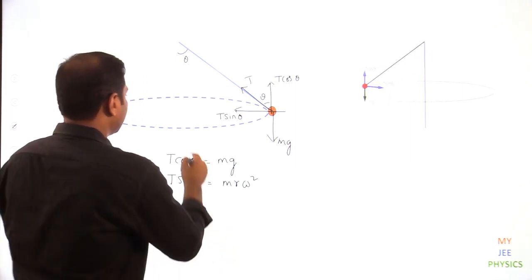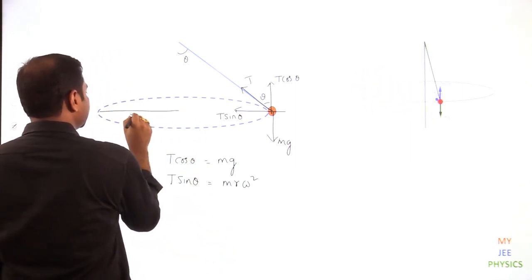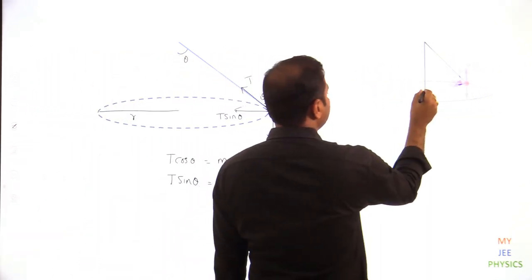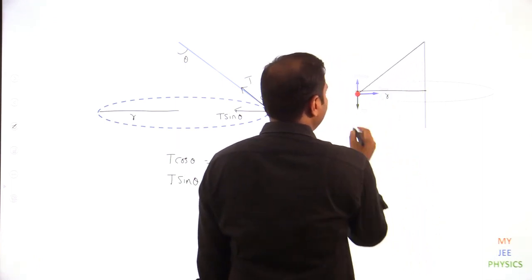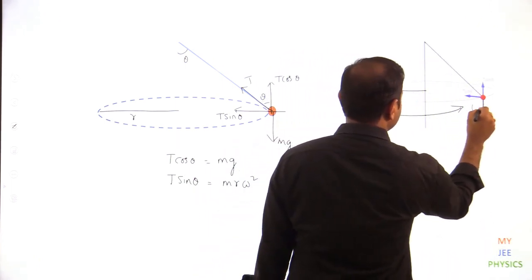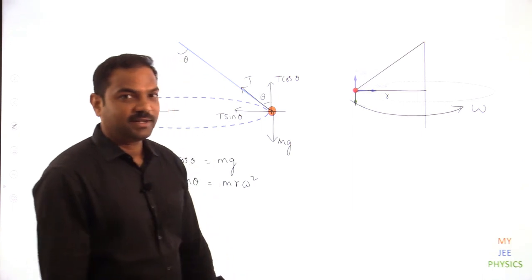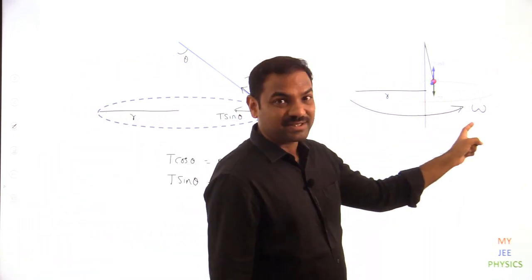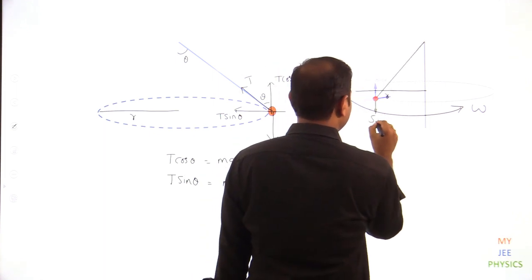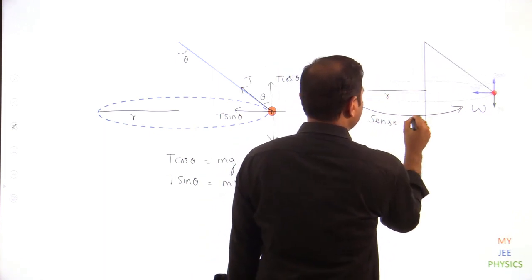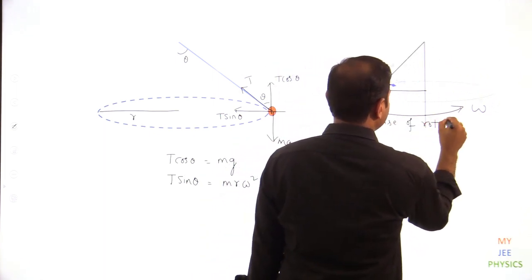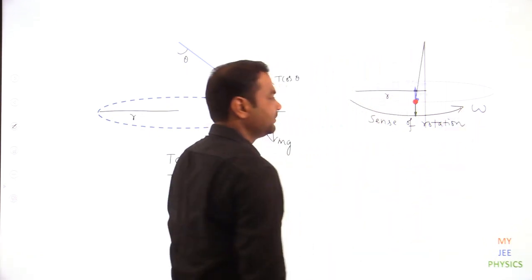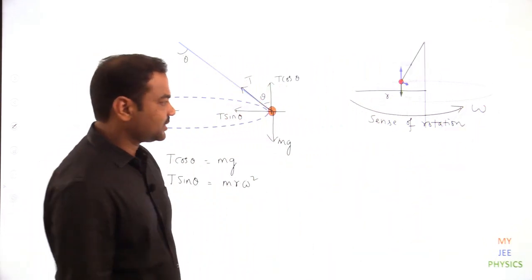So what is the omega? R is nothing but the radius of the circular path, and angular velocity would be something like this. Here the doubt comes. See, what I have drawn is the sense of rotation, not the angular velocity direction. Then what is the angular velocity direction?